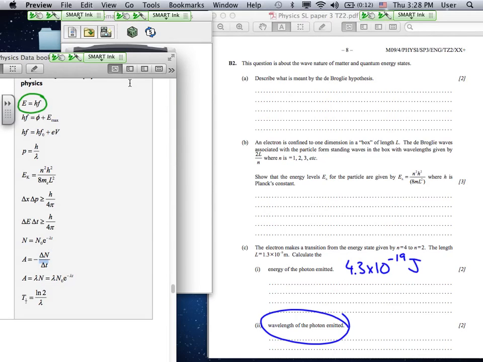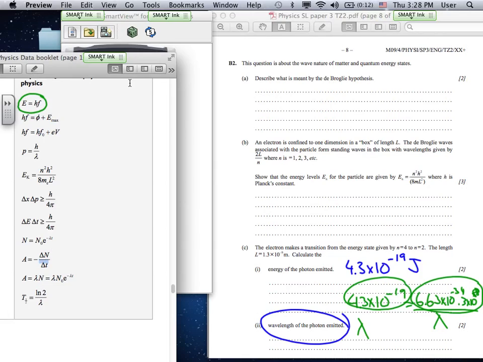So I'm going to get my energy, which is 4.3 times 10 to the negative 19, is equal to hf. But I'm looking at the wavelength, so I'm going to write it like this: 6.63 times 10 to the negative 34 times your speed, which is 3 times 10 to the 8, not negative 8, divided by my wavelength. And so wavelength is going to be this divided by that.